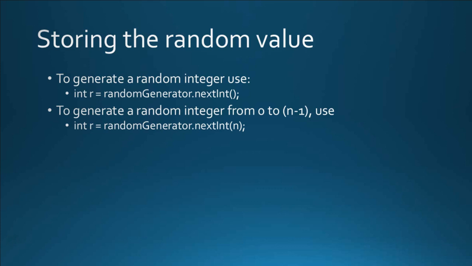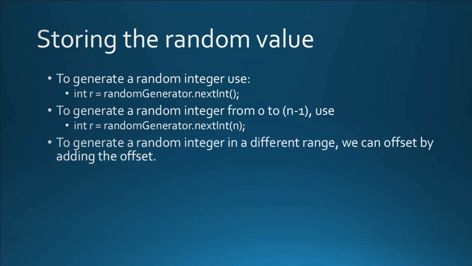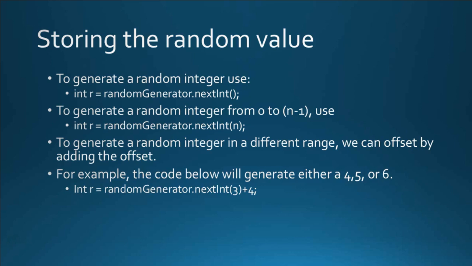So if I wanted the numbers to go from 0 to 3, n would then be 4, because it's always going to be 1 more than the highest number I'm looking for. To generate a random integer in a different range, we can add an offset. So here, I want 4, 5, or 6, so I have int r equals randomGenerator.nextInt(3) plus 4.